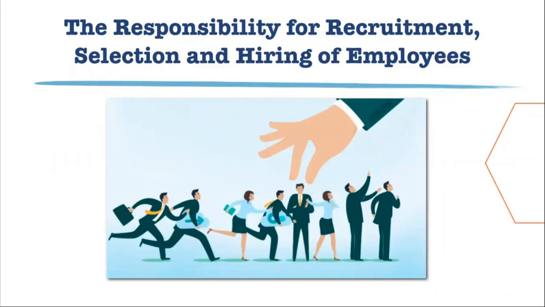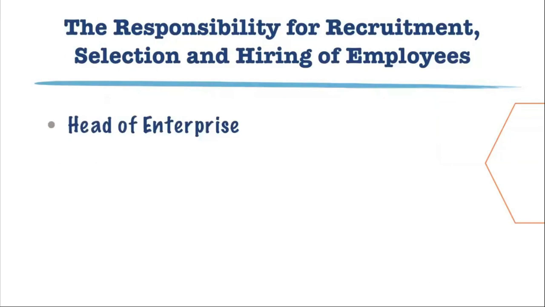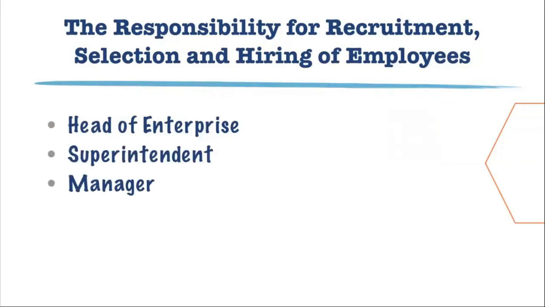In small agencies, this task is often done exclusively by the head of the enterprise, the superintendent, or the manager. This is the traditional and planned method of hiring. Sometimes the supervisor or the head of the department requiring the services of a new employee does the hiring himself.